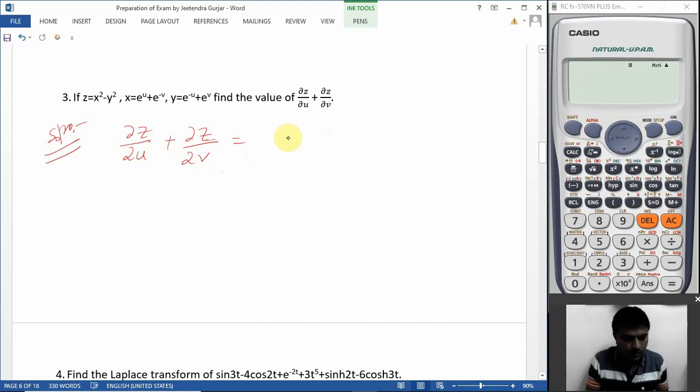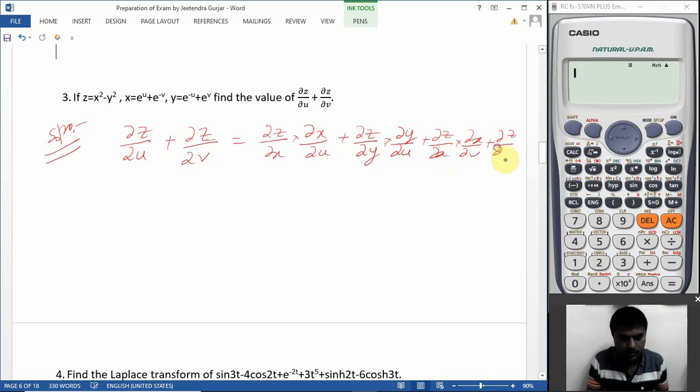So dou z upon dou u is nothing but dou z upon dou x into dou x upon dou u, plus dou z upon dou y into dou y upon dou u. Similarly, dou z upon dou v is dou z upon dou x into dou x upon dou v plus dou z upon dou y into dou y upon dou v.